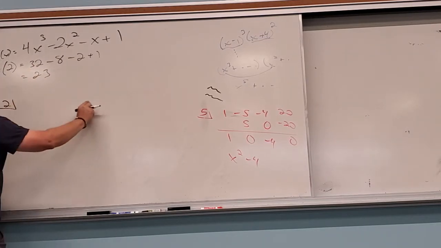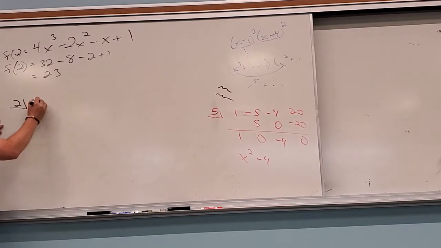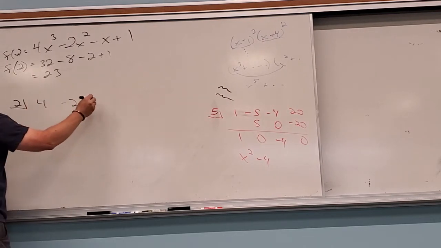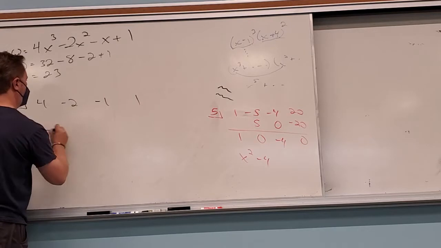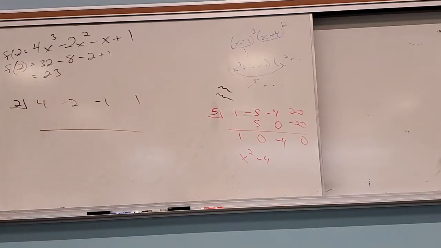So what am I going to put here? 4, -2, -1, 1. Cool. So do that real quick. We're about to do some crazy shit.